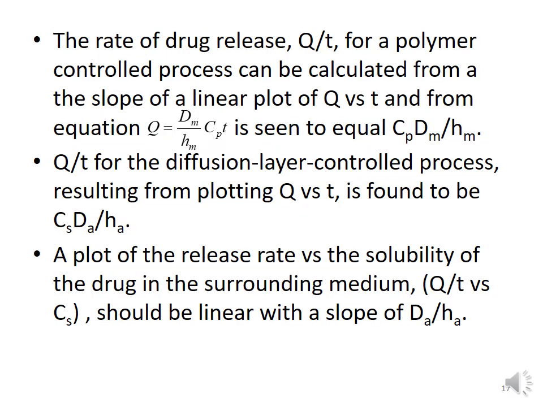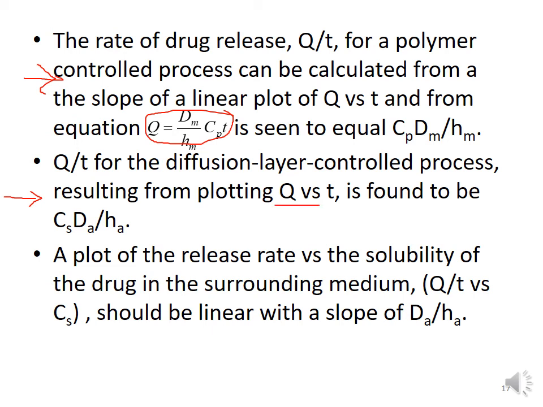The rate of drug release for a polymer control process can be calculated from the slope of a linear plot of Q versus time, from this equation or the following equation. From this equation, the slope should equal CP multiplied by DM and divided by HM. This is when we have a membrane controlled process. For an aqueous diffusion layer, Q divided by T for the diffusion layer control process results from a plot of Q versus time.